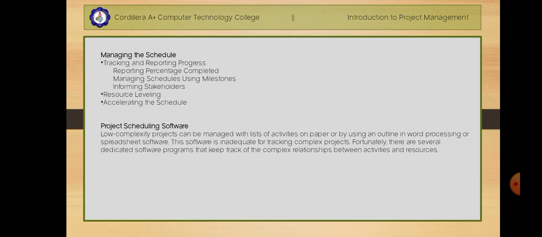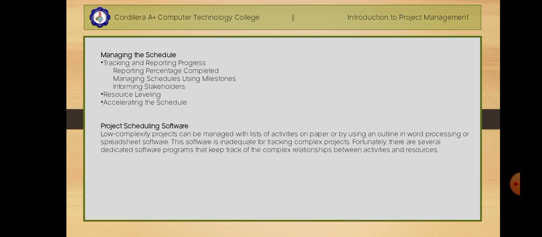If the unit of measure for these activities is items packed, the packing is only 20% complete instead of 25% if rooms are the unit of measure. So that is reporting percentage completed.